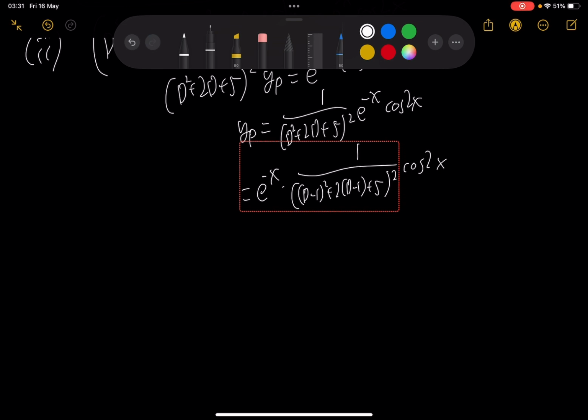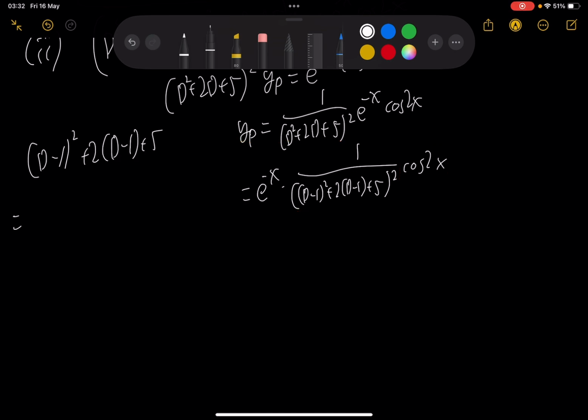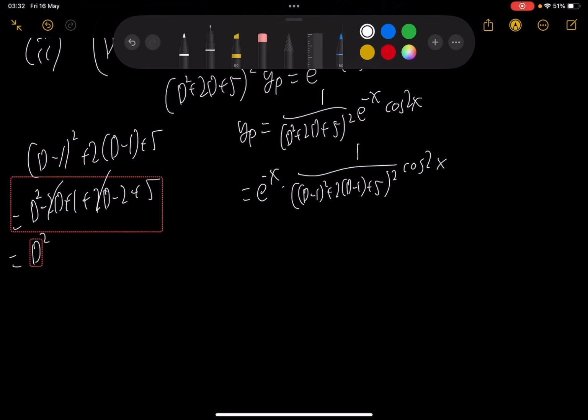Simplify this expression: D squared minus 2D plus 1 plus 2D minus 2 plus 5. Negative 2D and positive 2D cancel, and you get D squared plus 4.